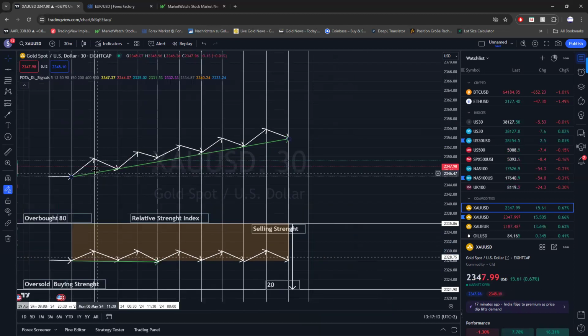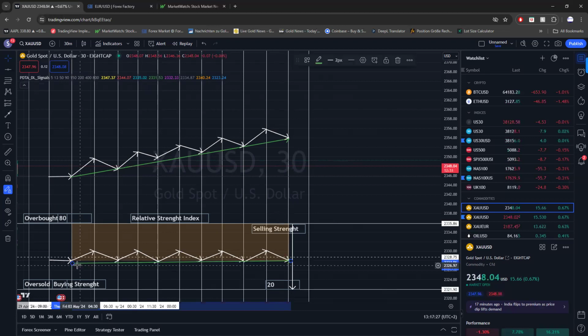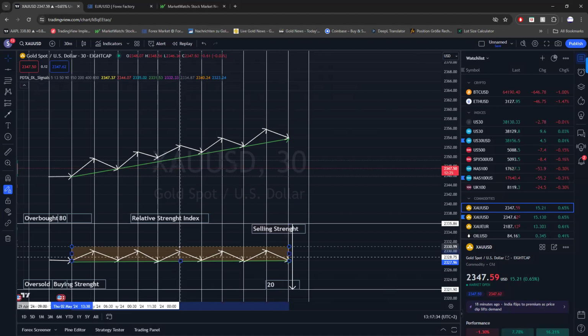We see that this market is actually buying. You see this? It's climbing. And what is happening with the RSI? The RSI, on the other hand, is consolidating in this range.